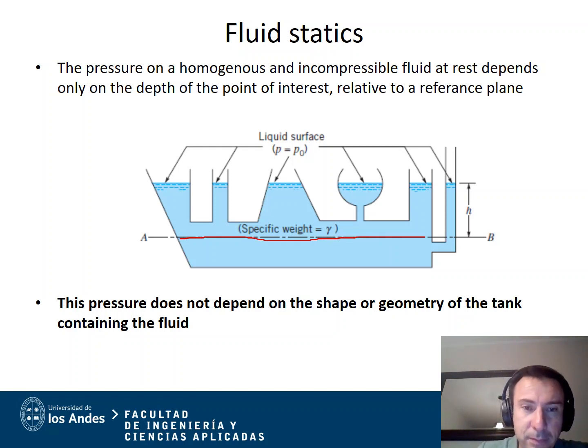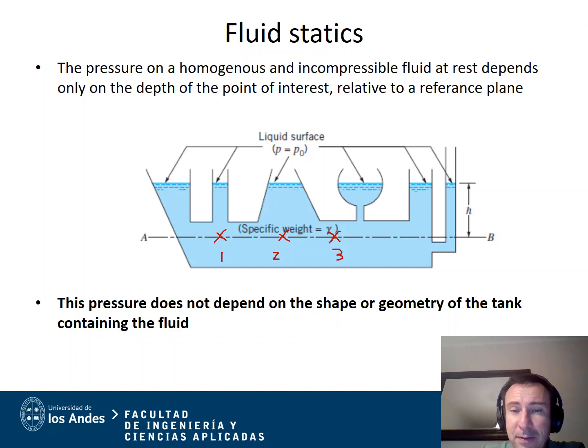Or can you tell me the pressure here, here, here? Would you say this pressure is different? So this pressure is feeling this, this pressure is feeling this, this pressure is feeling this. Think about it. Is this pressure different from this one? Is this pressure different from this one? And is this pressure different from this one? 1, 2, and 3.